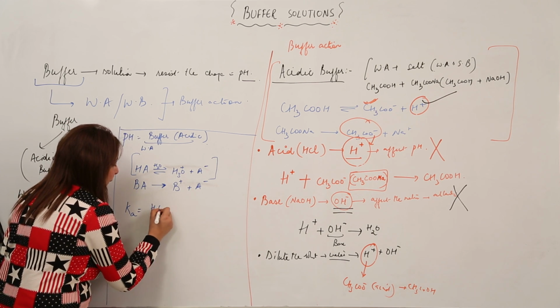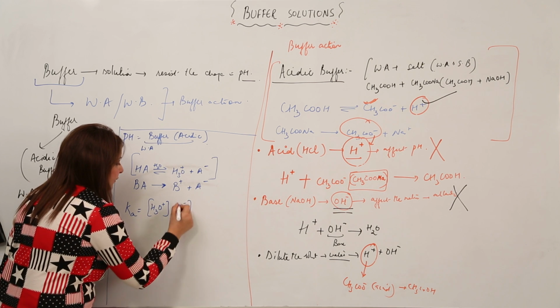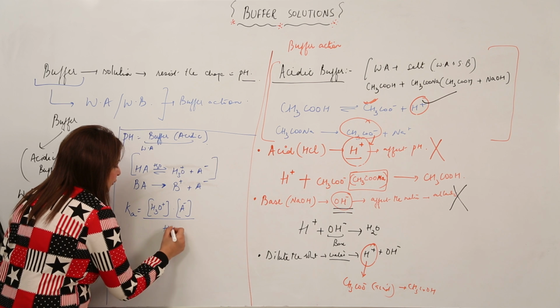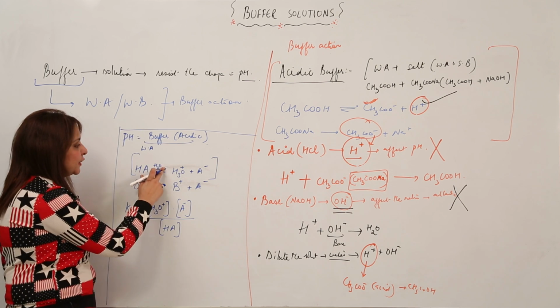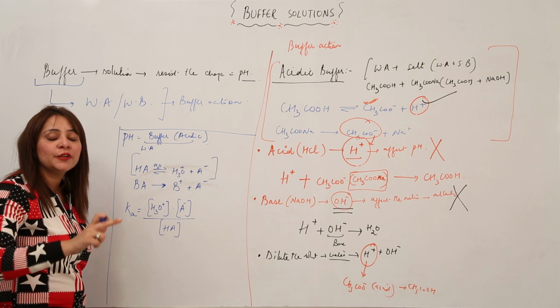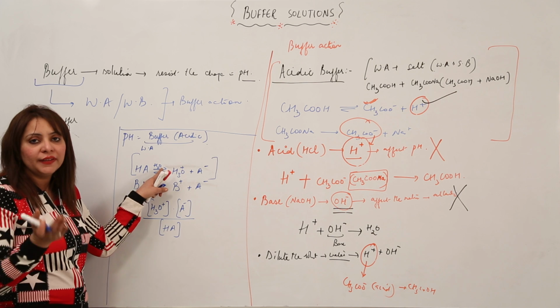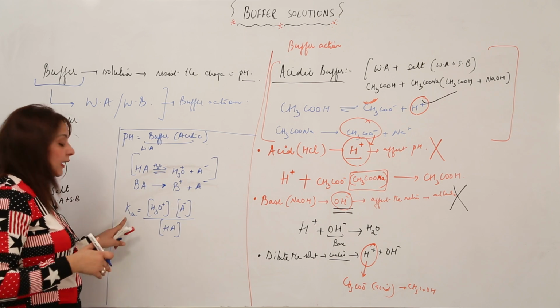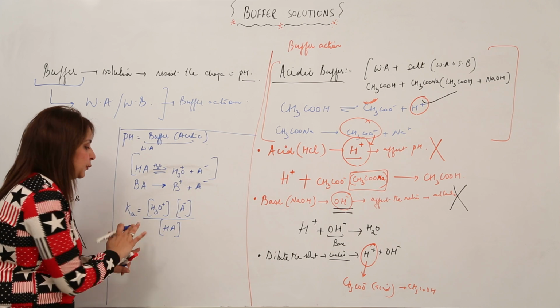It comes out to be H3O positive concentration times A negative concentration divided by the concentration of the reactants. This is what we have, right? Because where this H2O has gone, you know that we write the expression for the equilibrium constant, then we multiply this H2O with the K and we get the Ka, right? That is the ionization constant for an acid, right? So this is the expression.